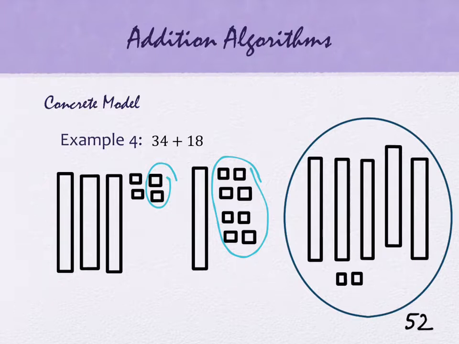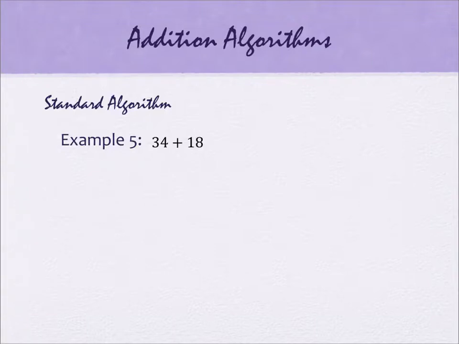And if you start here, you can extend this idea to talk about what happens in the standard algorithm, the one that you've learned and know probably better than anything else that I'm going to show you. And you can talk about the fact that when you do this with the standard algorithm, 34 plus 18, that's exactly what you do. You look at the units. Hey, there's 8 and there's 4.